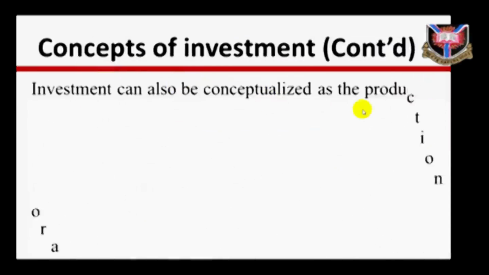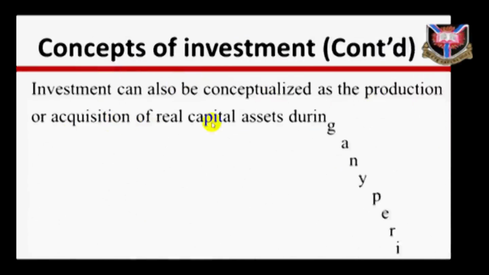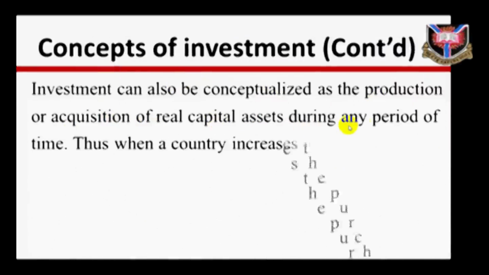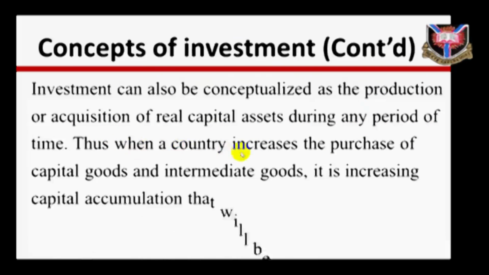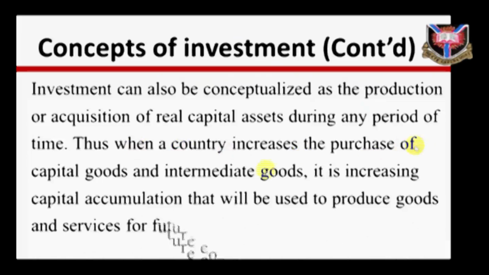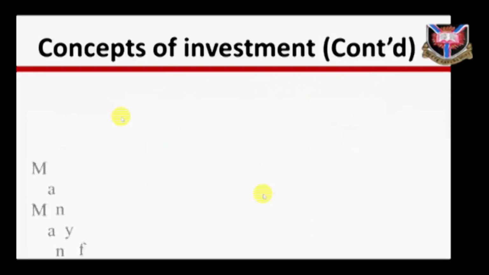Investment can also be conceptualized as the production or acquisition of real capital assets during any period of time. Thus, when a country increases the purchase of capital goods and intermediate goods, it is increasing capital accumulation that will be able to produce goods and services for future consumption.